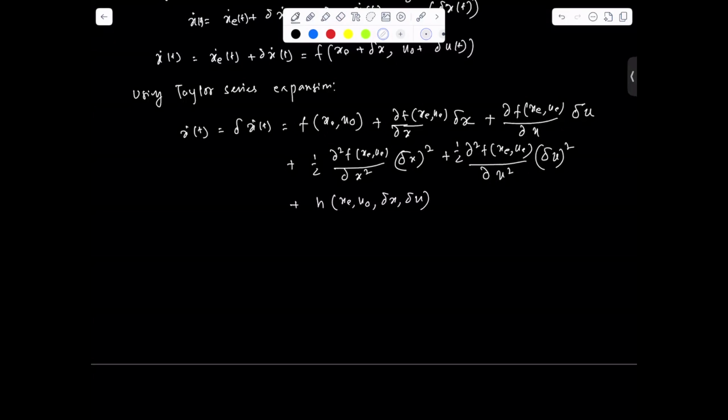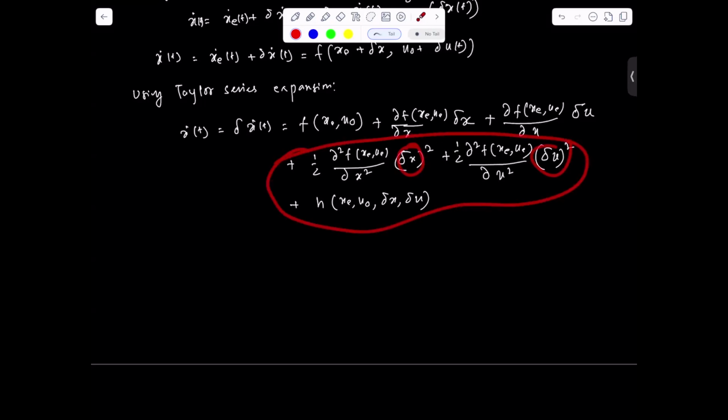Now if you assume delta x is very small, this whole term we can ignore in the equation, because these are very small perturbations from the equilibrium point. Here we are studying the local stability of the system, so we can ignore these higher order terms.